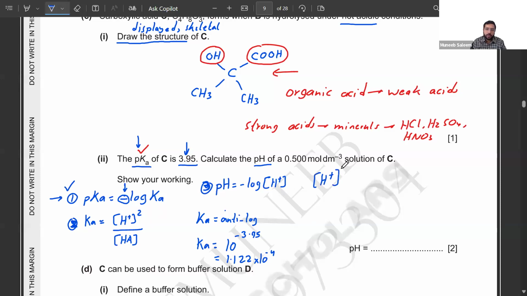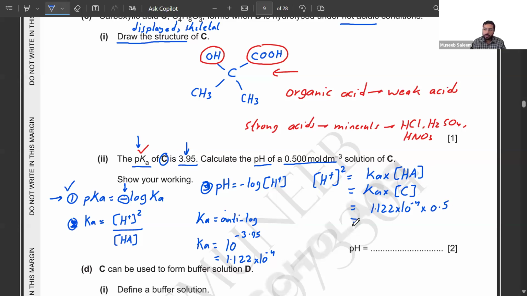So hydrogen ion concentration squared will then become Ka times the concentration of the acid, which is the compound C. C is our acid here, so I can write Ka into concentration of C. All right, so the Ka value is 1.122 into 10 to the power minus 4, and C is the concentration, which is given here as 0.5 mole per dm cube.